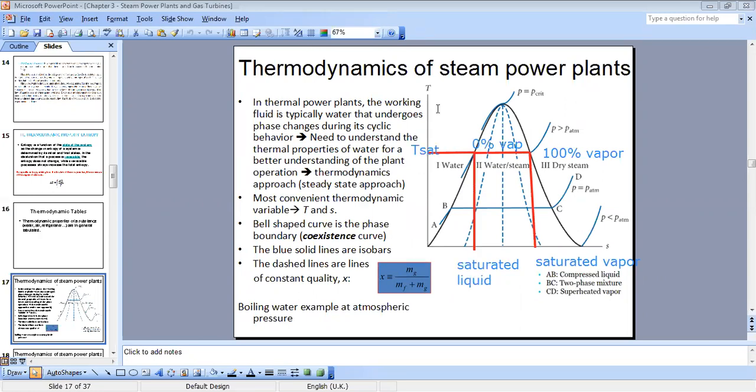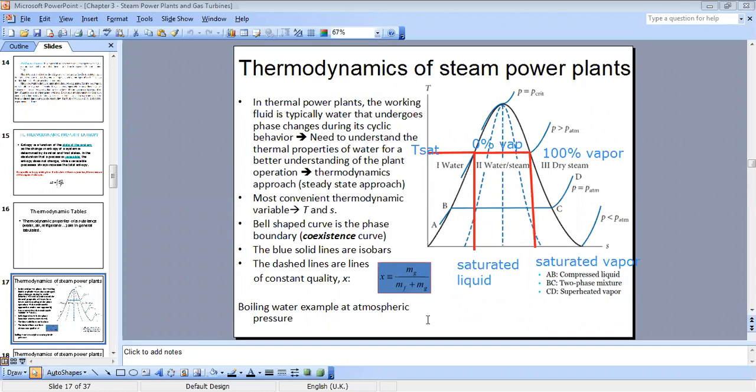Okay. Now, what is the quality? The quality X represents the percentage of vapor in the mixture. Okay? As we said here, it's 0% vapor, so X will be 0. And at this point, we have 100% vapor, so X will be 1. And at any point in between, X will be between 0 and 1.